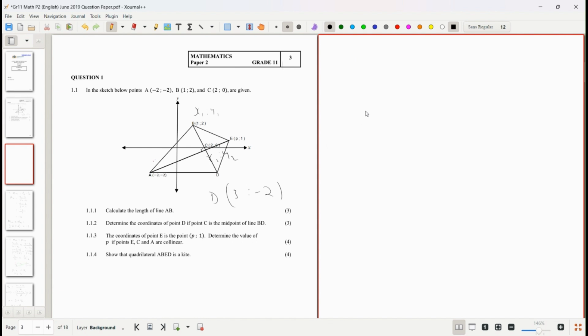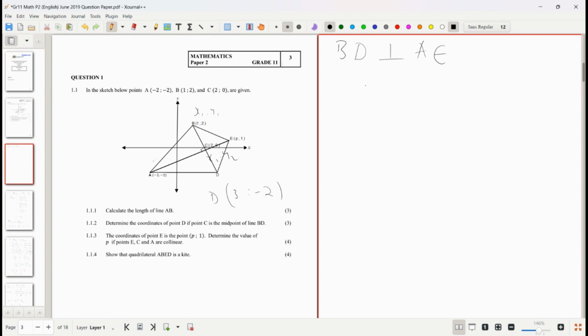So we can conclude that since the product of the gradients equals negative 1, it means that BC, or BD, because you can see D is collinear with C, is perpendicular to AE.